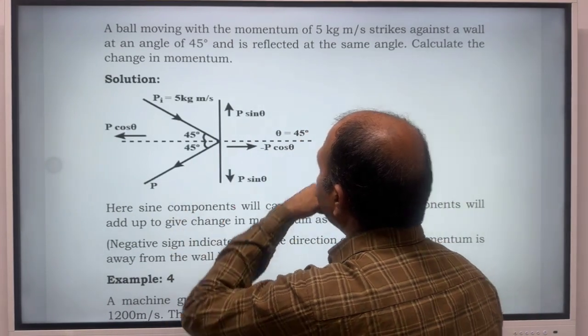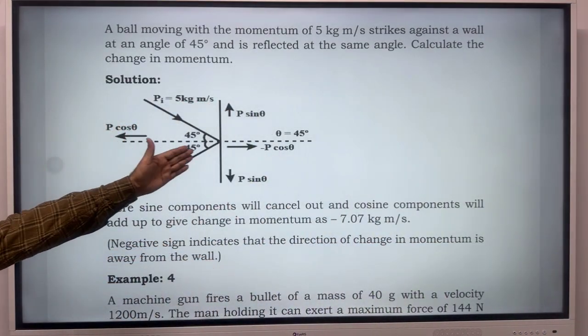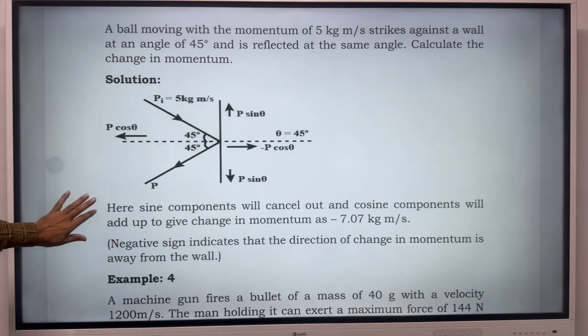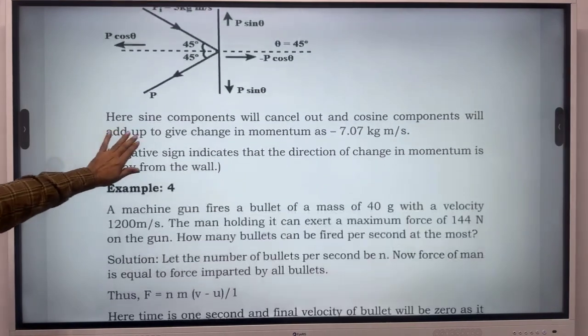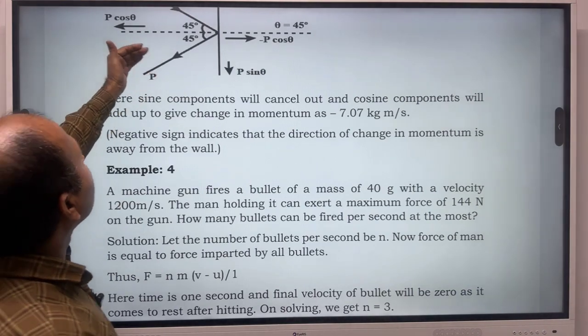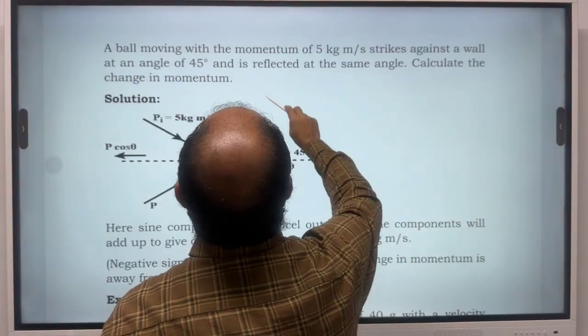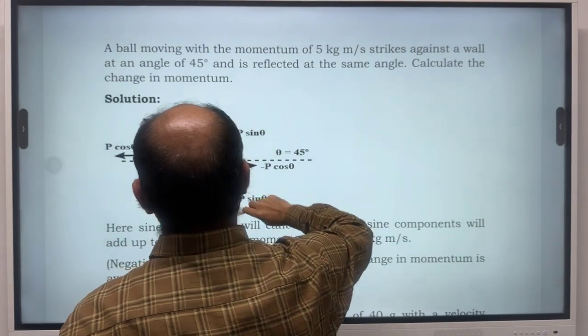So what happens? Here the sine theta components cancel out and the cos theta components are left. So the total change in momentum will be due to the cos theta component. Theta is given and the momentum is given in the question, so you can easily evaluate.